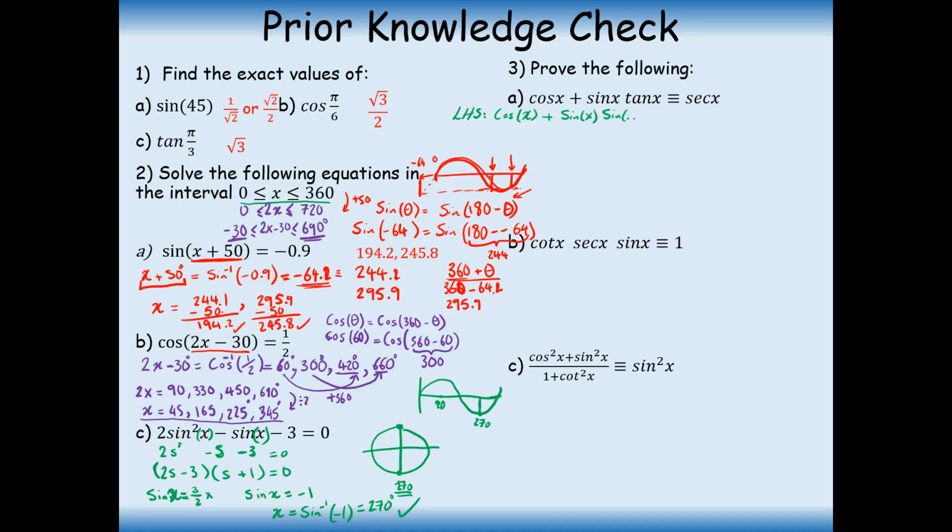So we have this fraction, and we can see that on top of this fraction we have sine square, and if we want to add cos to this, we need to multiply cos by cos so that we have a common denominator. So here I'm multiplying the top of this fraction by cos over cos of x.